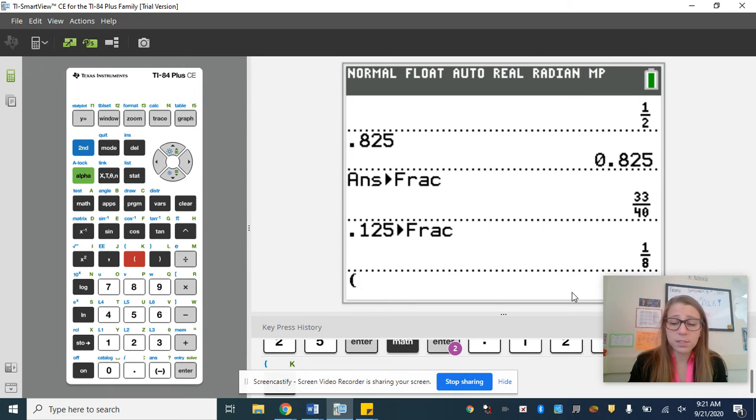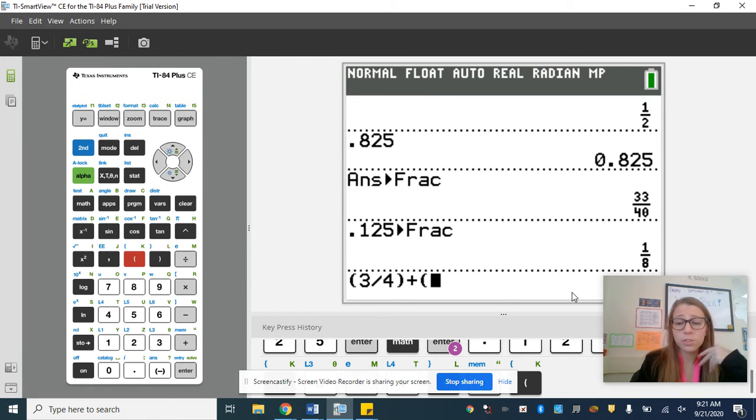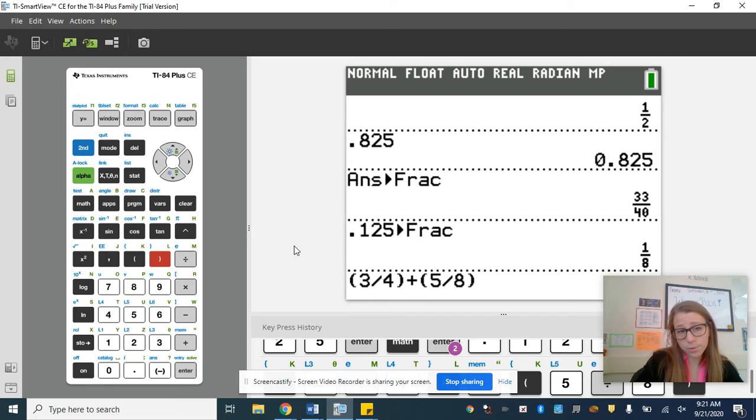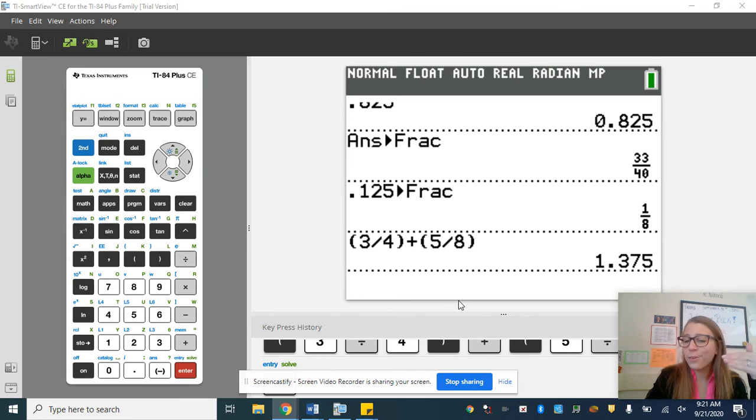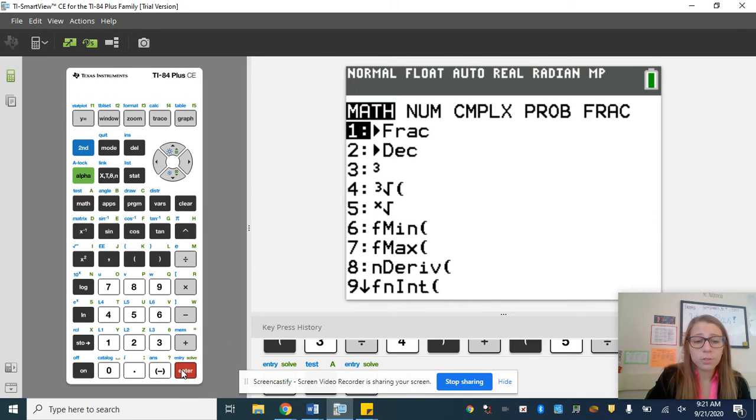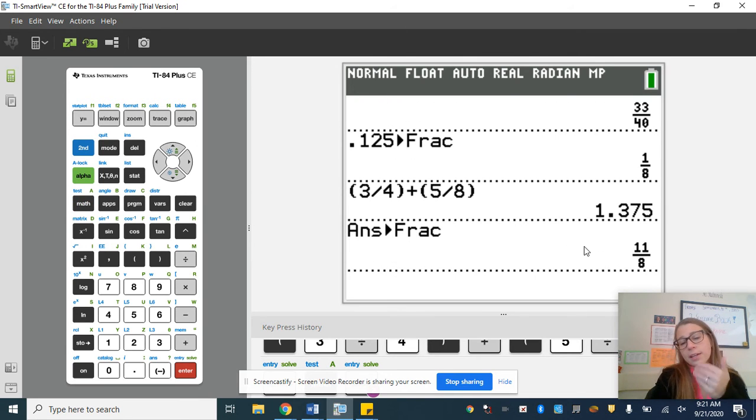So parentheses, 3 divide 4, close parentheses, plus new fraction, so new parentheses, 5 divide 8, close. Enter. Notice it will give you your answer showing up as a decimal. And again, we're just going to use that math frac option to turn it into the fraction that I want it to be. So math, choice 1, enter, and that gives me the fraction 11/8.